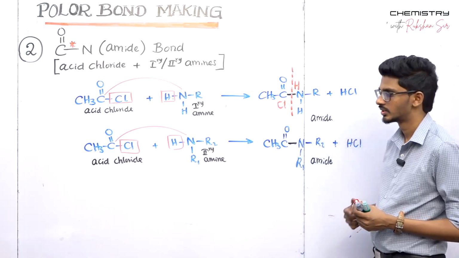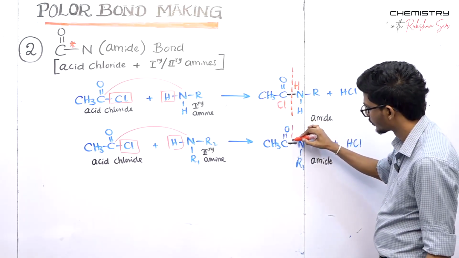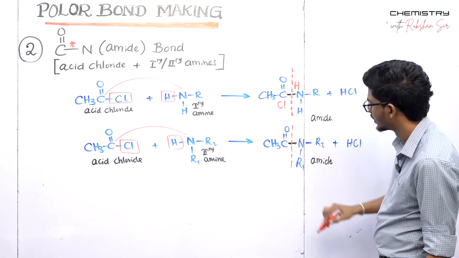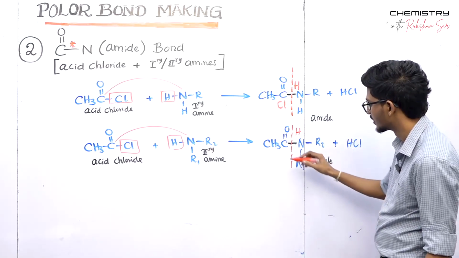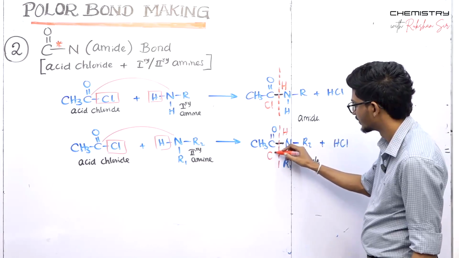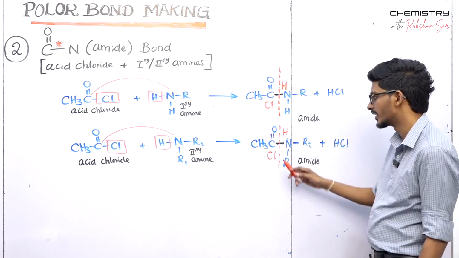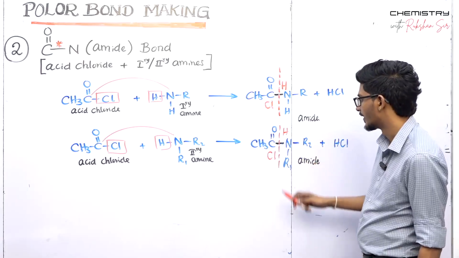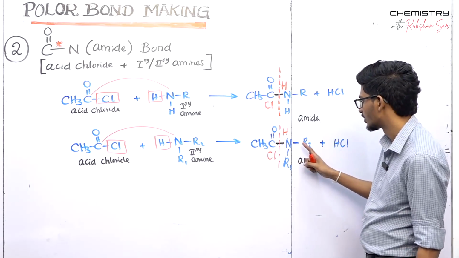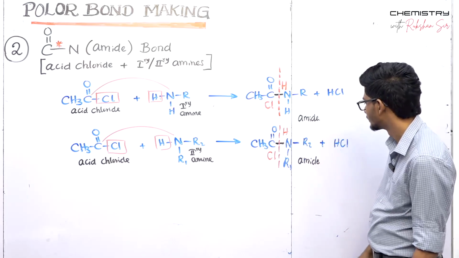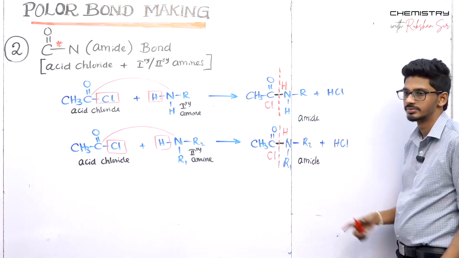So in this case as well, just break the bond at the amide bond, put the hydrogen of the HCl at the nitrogen side, and put the chlorine at the carbon side. So if you react this acid chloride with this amine, R1R2NH, you will get this compound.